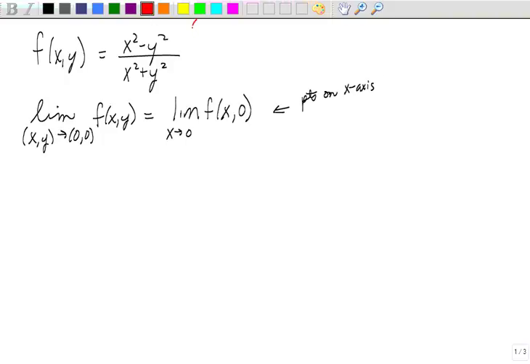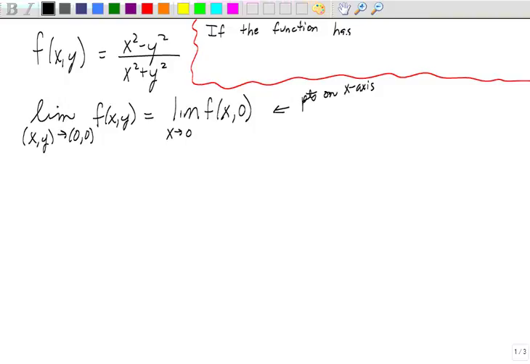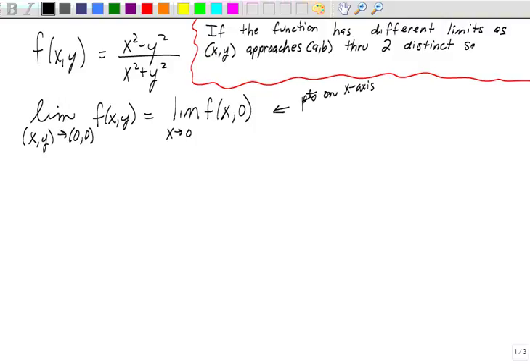And before I do that, I need to make a point. Just like with regular one variable functions, if the function, this is a really important point, has different limits as (x, y) approaches (a, b) through two distinct sets, then the limit doesn't exist.